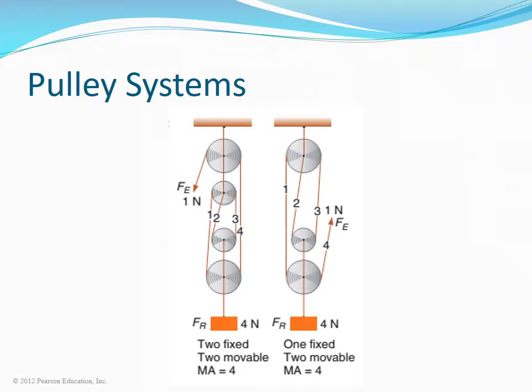The two pulleys both have a mechanical advantage of 4. On the left is 2 fixed and 2 movable pulleys. The effort force does not support the weight. On the right is 1 fixed and 2 movable pulleys. The effort force does support the weight.